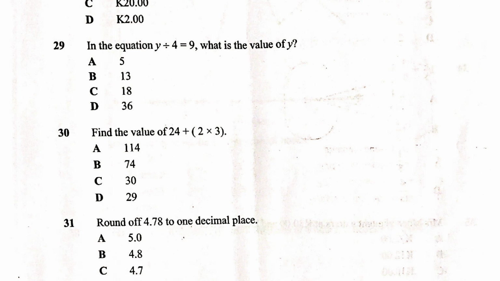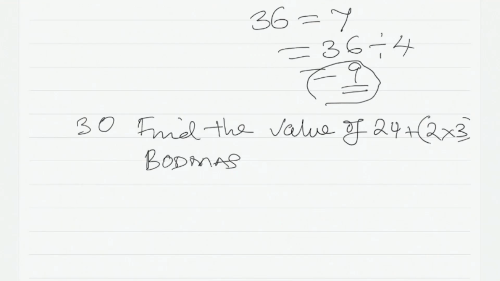We look at this word, BODMAS. So we work out the given sums in the brackets before trying to attach it to the outside numbers. So that is brackets, of, division, multiplication, addition, and subtraction.